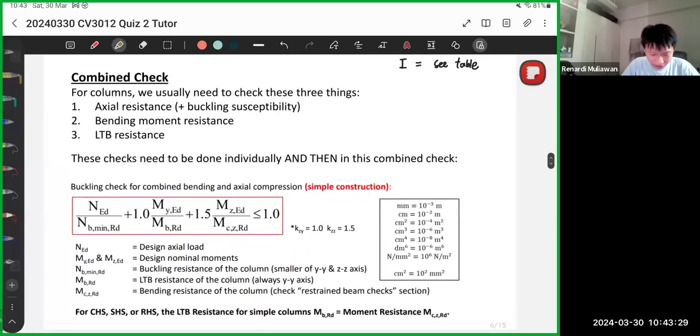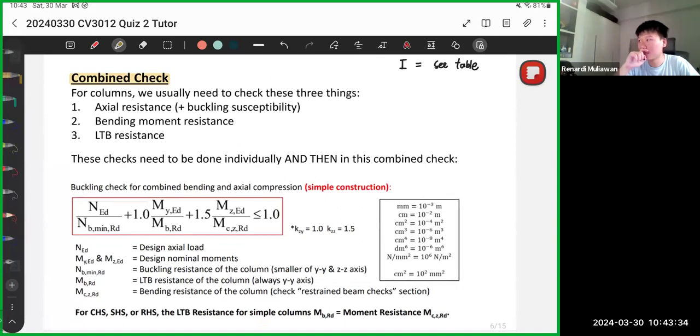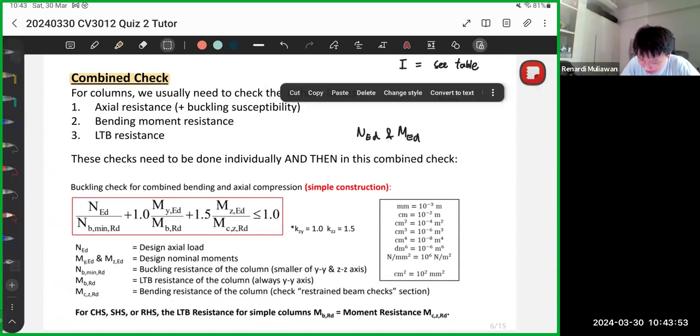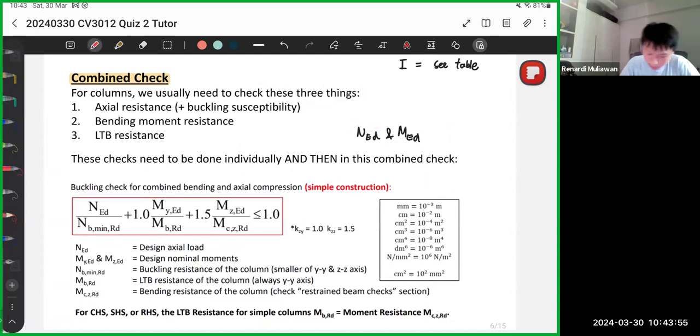Lastly, we have this thing called the combined check. Remember just now, columns are subjected to bending moment and axial force, so MED and NED. NED is the primary one, but MED also exists.